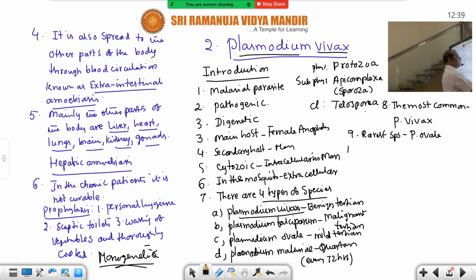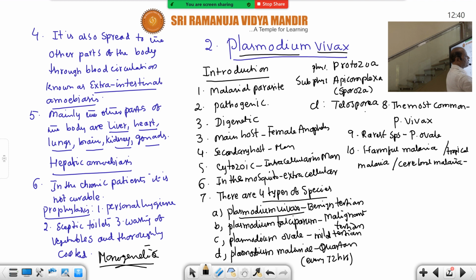Harmful malaria fever is caused by deadly, dangerous malaria, also called tropical malaria, and also cerebral malaria, because the brain is also damaged.